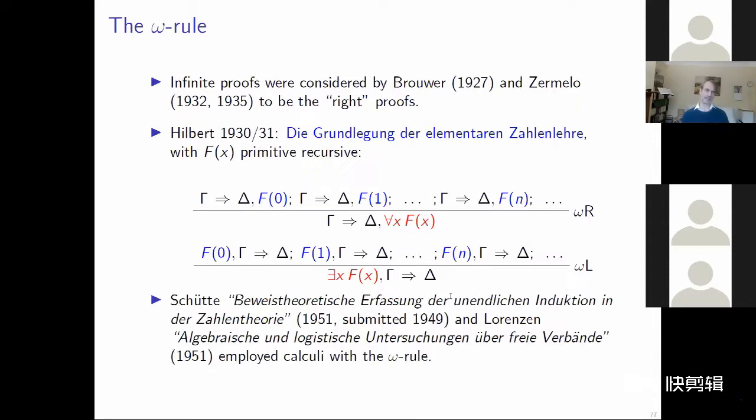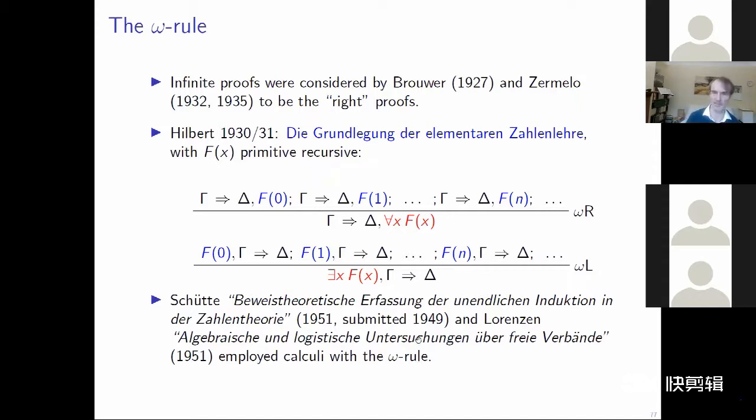And then, not Hilbert, but then Schütte. Schütte was the last doctoral student of Hilbert. He went full scale into the realm of infinite derivations, and then he proved cut elimination for infinite derivations.